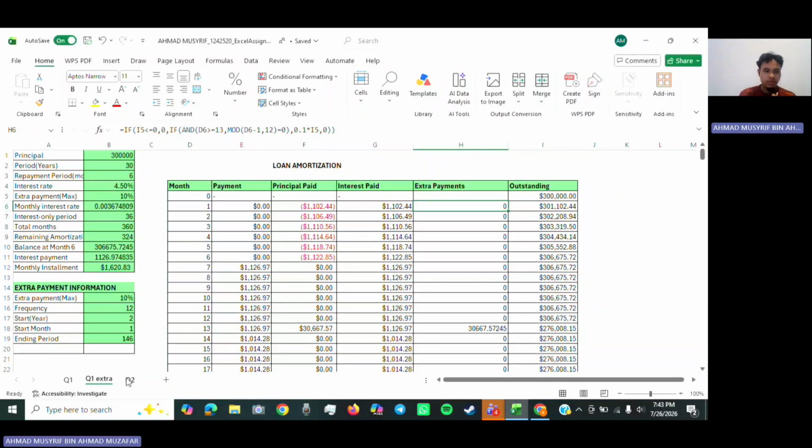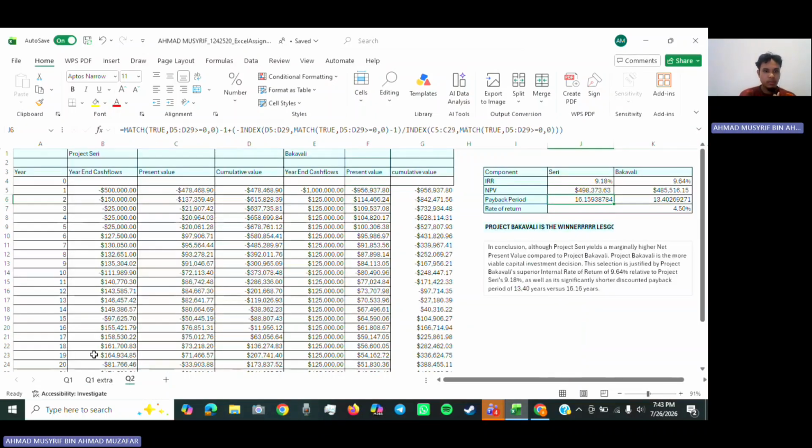We have the project Seri year-end cash flow and the Bakavali year-end cash flow. Before we start, we find the present value and cumulative value of project Seri, and the present value and cumulative value for project Bakavali.